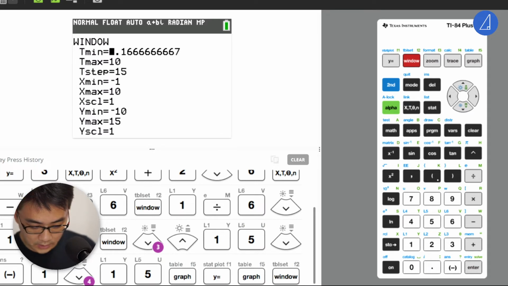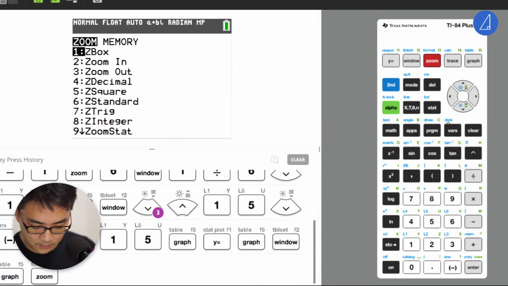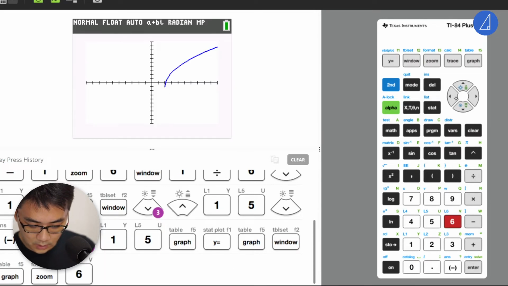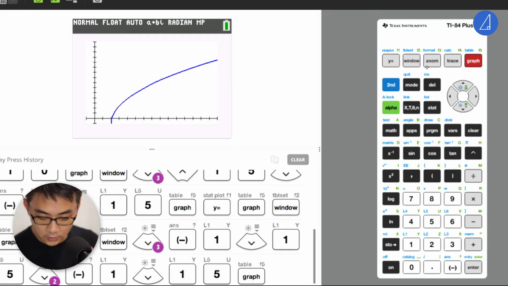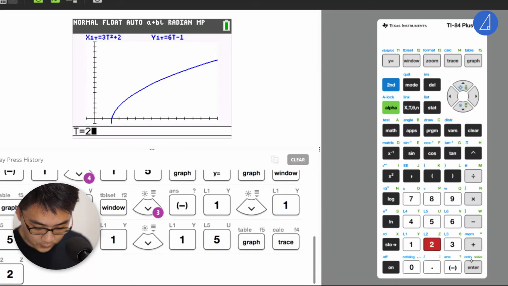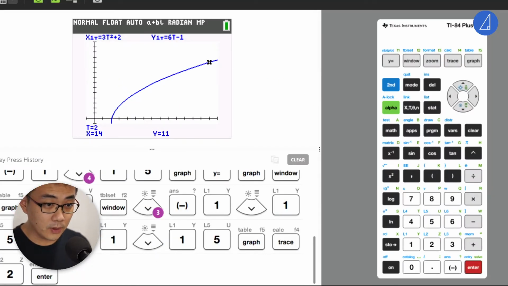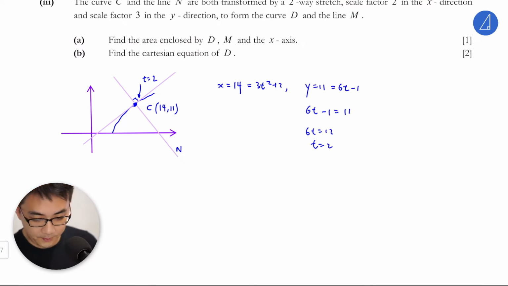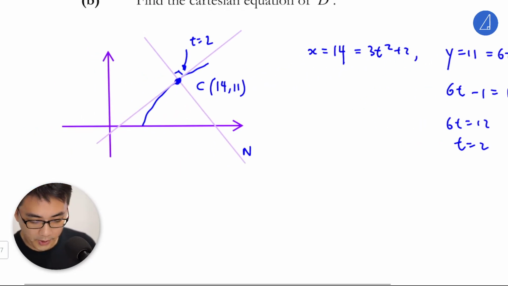So this is the graph we're looking at. Just press trace and key in the parameter 2 to give you the point (14, 11). So this point here is important.